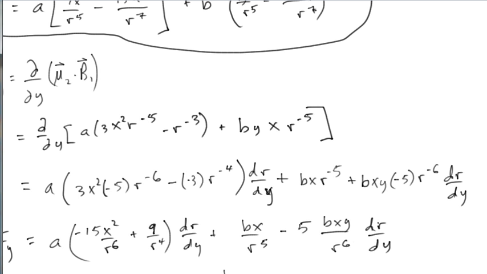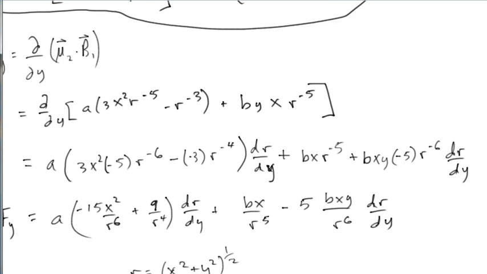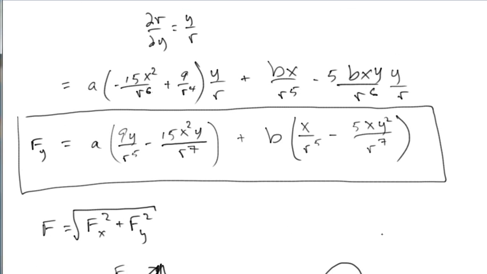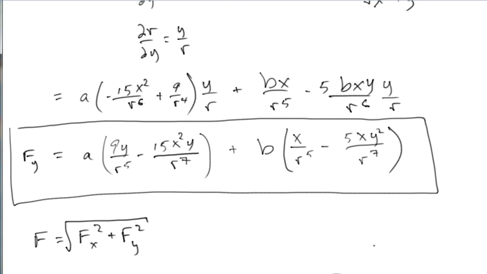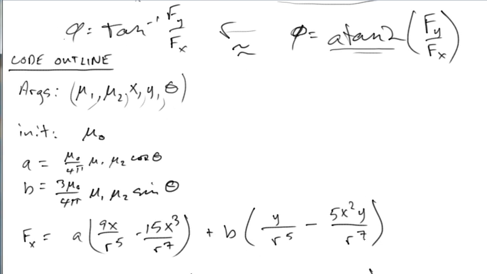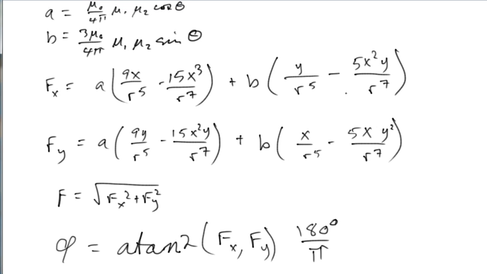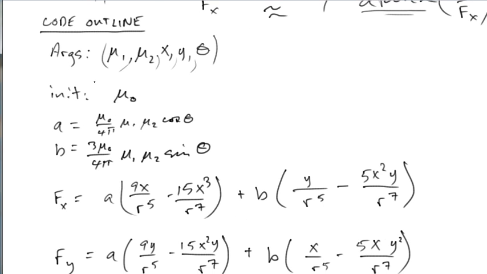And this extra y came about from the derivative of r with respect to y. That was y over r, whereas in the other case it was x over r. So I think things are making sense. It seems dimensionally consistent.